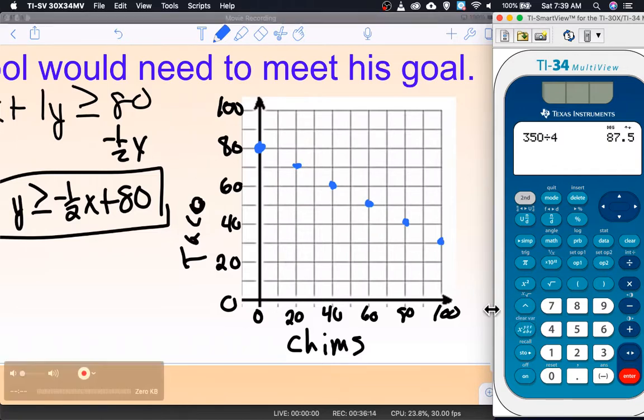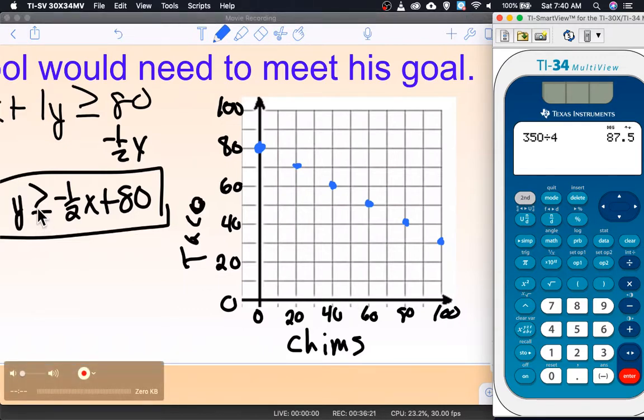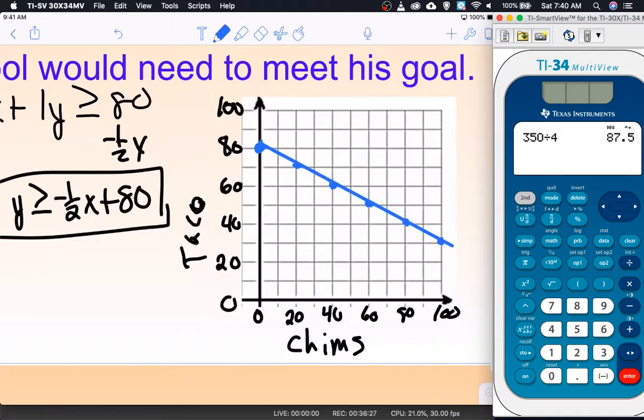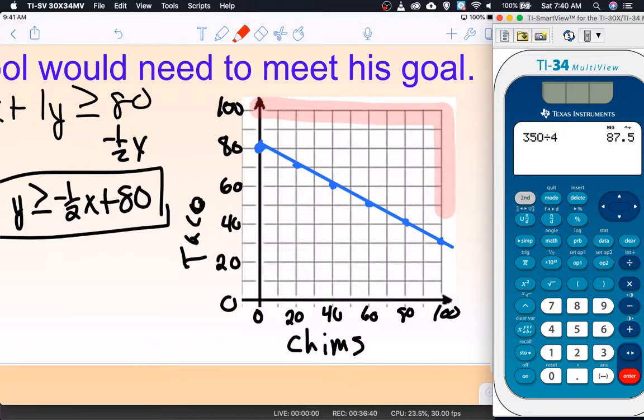We don't need to know exactly where this crosses. We could figure it out if we wanted to, but right now we don't need to. My line is going to be a solid line because of this or equal to. And my shade is going to be greater than. Greater than is above. There we go.